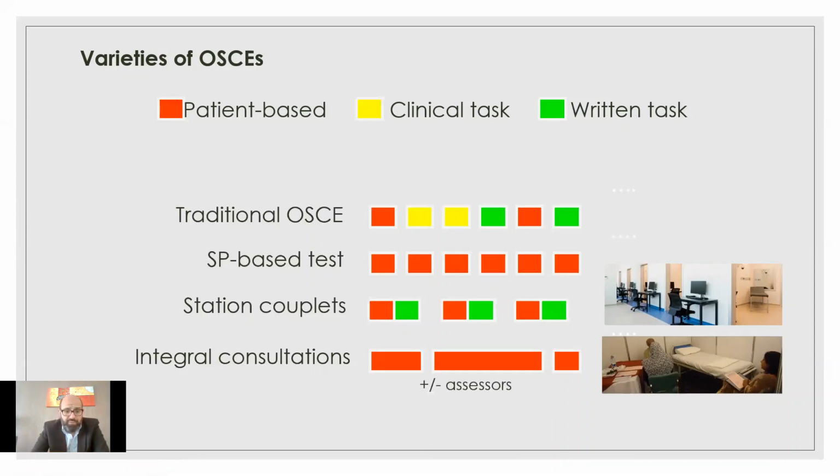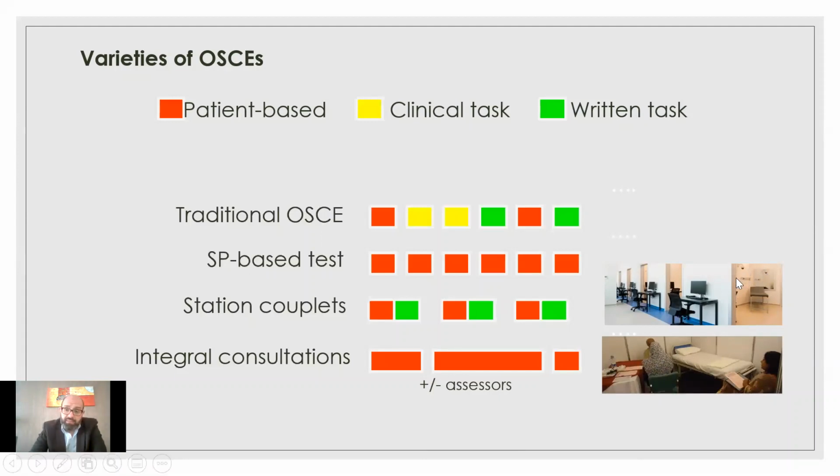And there are also some modifications. Sometimes you have this station without an assessor. If you are designing a station about communication skills, in some countries, in some examination centers, the patient is trained to assess the performance of the candidate in communication skills.